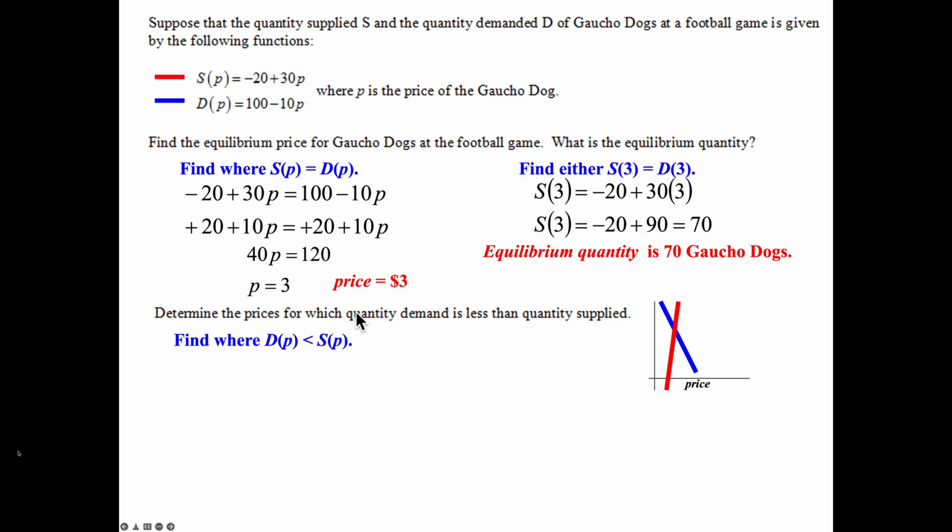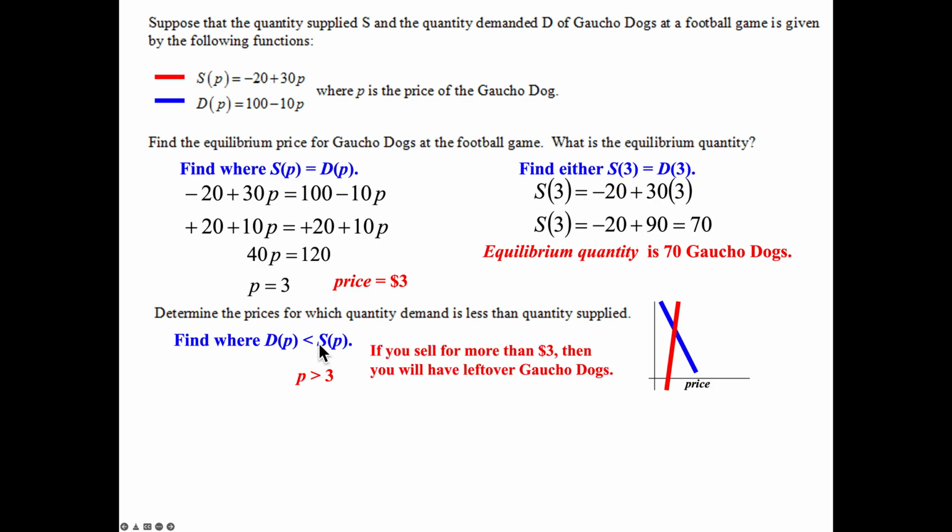That's when I have quantity demanded less than quantity supplied, when the price is greater than $3. So if you sell for more than $3, you're going to have leftover gaucho dogs because they're going to be priced too high and you're not going to sell as many.